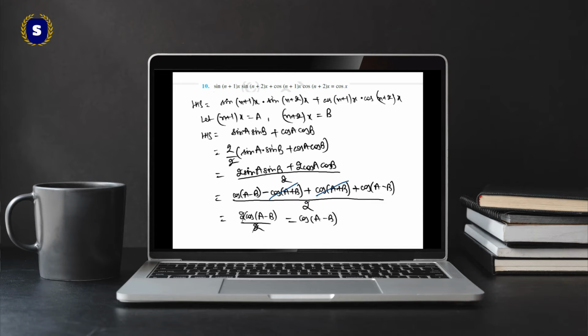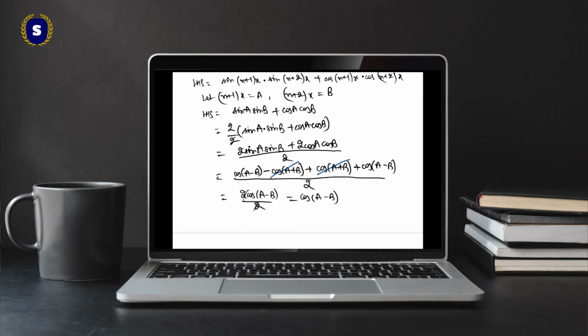Substituting the values back into the equation, the values of a and b, we will get (n plus 1)x minus (n plus 2)x. So it will become cos(nx plus x minus nx minus 2x).